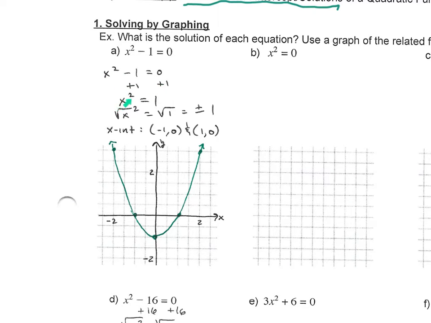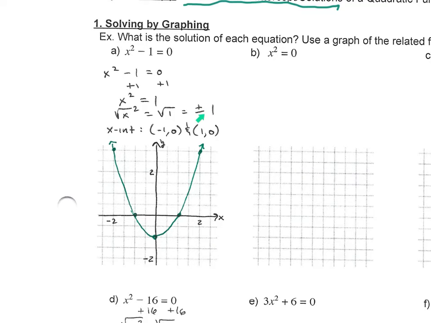So I have x squared equals 1, and in order to get rid of that x squared, I'm going to find the square root. If I find the square root of one side, I must find the square root of the other, and then I end up with x equal to the square root of 1, which could be either a positive 1 or a negative 1, because negative 1 times negative 1 gives me 1, and positive 1 times positive 1 gives me 1.